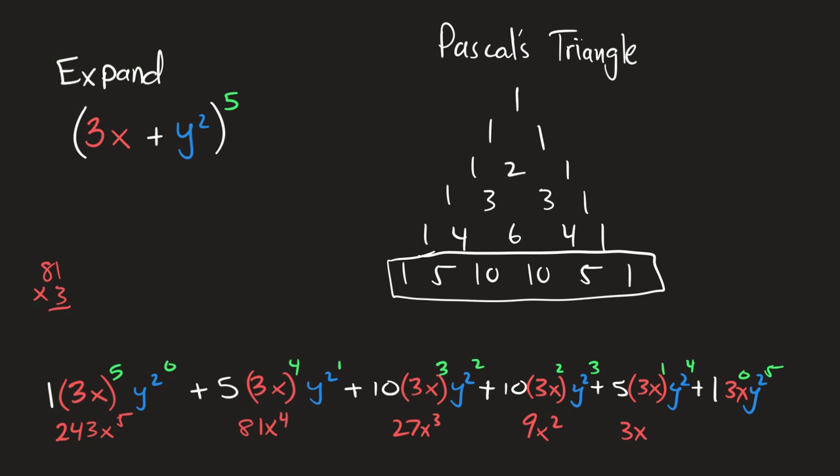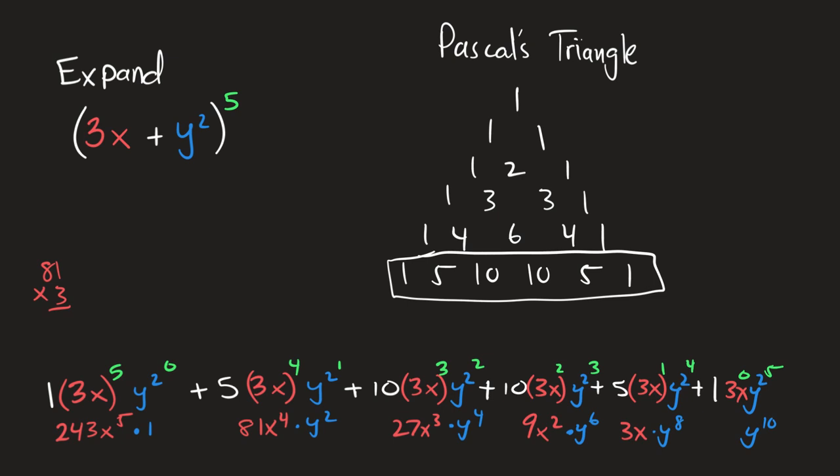And that means y to the 2nd to the 0 is just times 1, because anything to the 0 power is 1. And then this is y to the second. And this is y to the 4th. This is y to the 6th. This is y to the 8th. And this is y to the 10th.